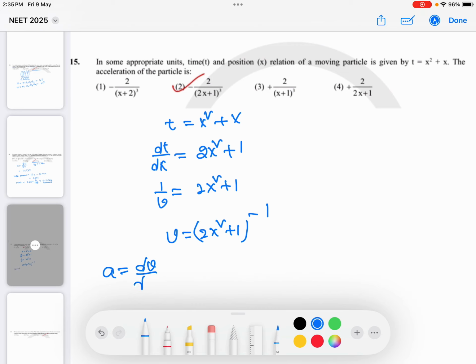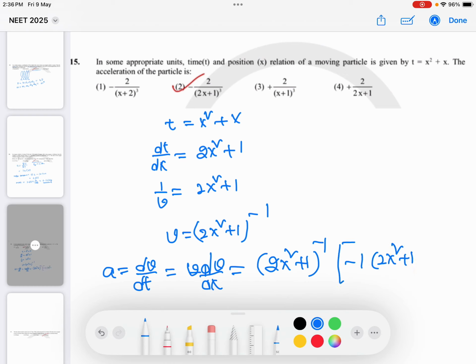Acceleration is the first differentiation of velocity with respect to t, but here x is there. This can be written as v into dv by dx. v is nothing but 2x square plus 1 to the power minus 1. Derivative of that one is minus 1 into 2x square plus 1 to the power minus 2.